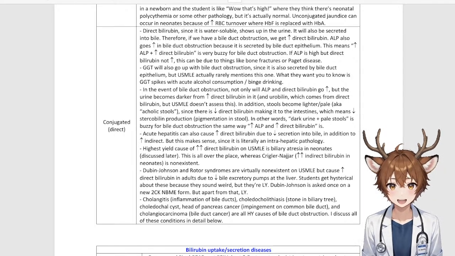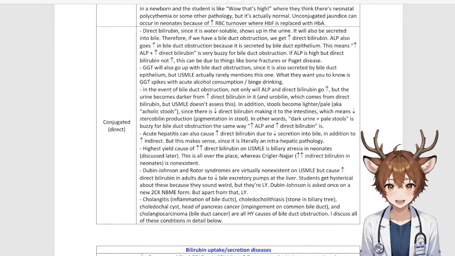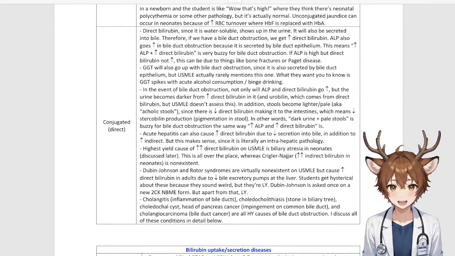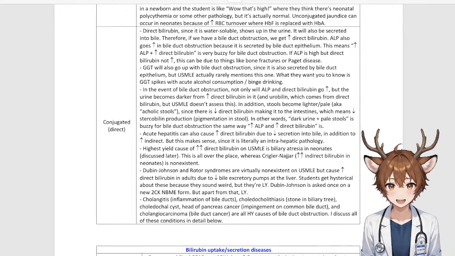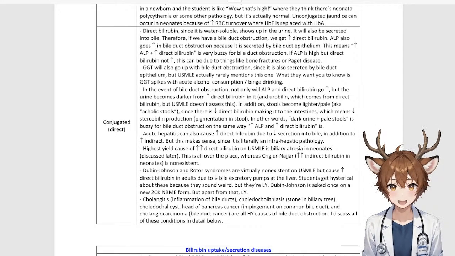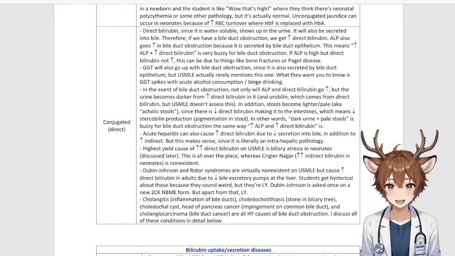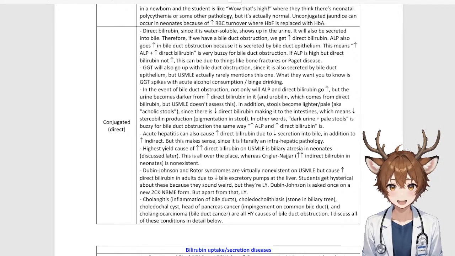Remember, dark urine plus pale stools equals bile duct obstruction, as does increased ALP and increase in direct bilirubin.